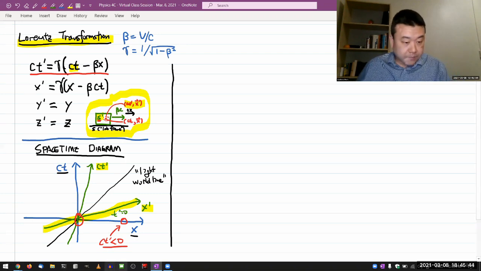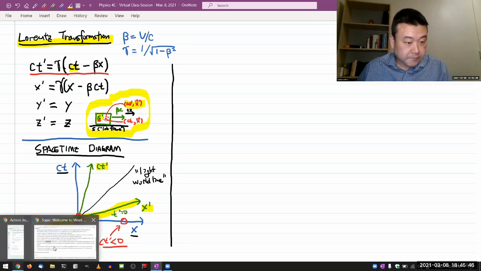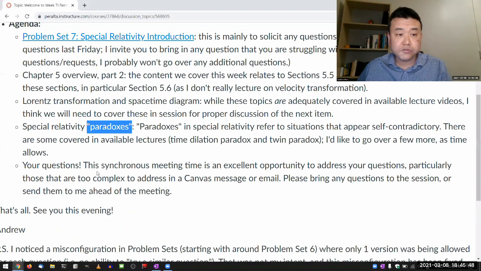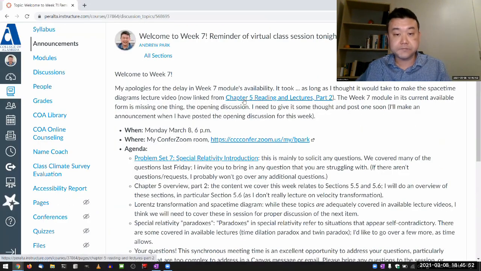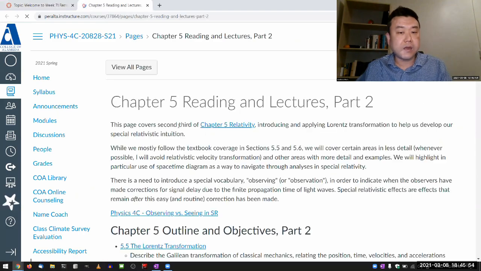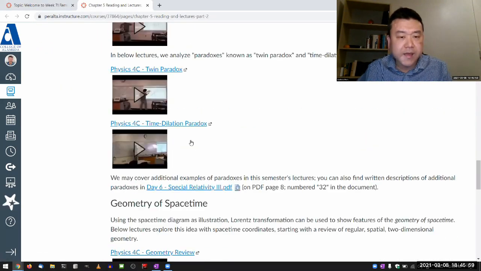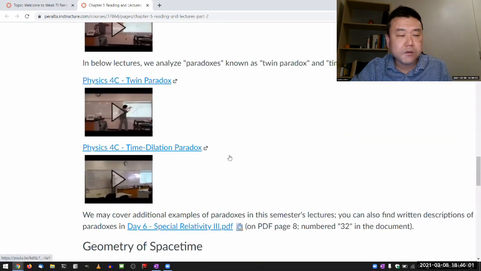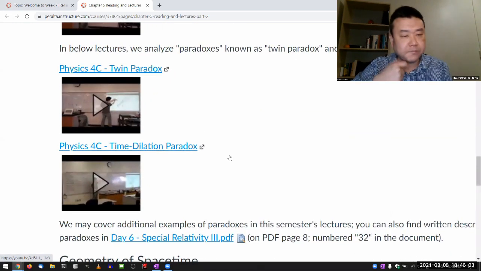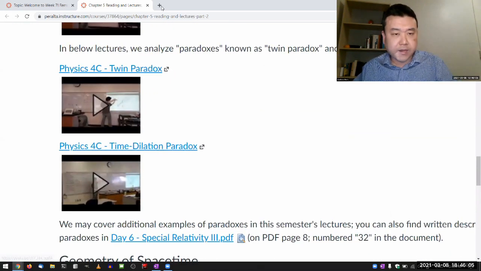So as I was saying before we got into this, I do cover some of these paradoxes already in the available lecture. And one of the classic paradoxes that I haven't covered is called the pole in a barn paradox. I wonder if your textbook does.